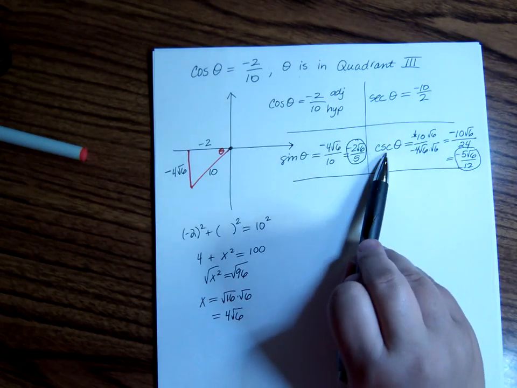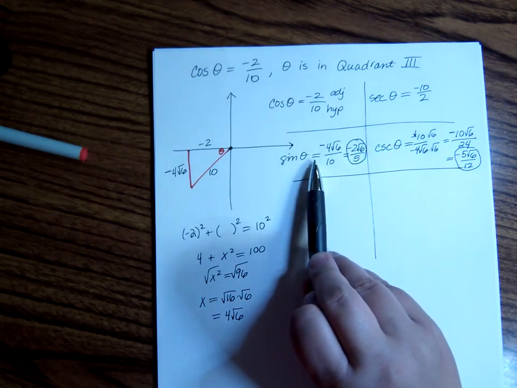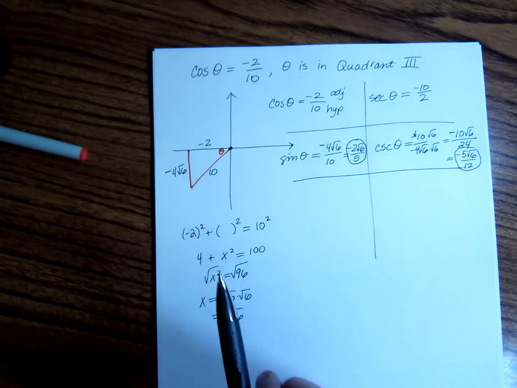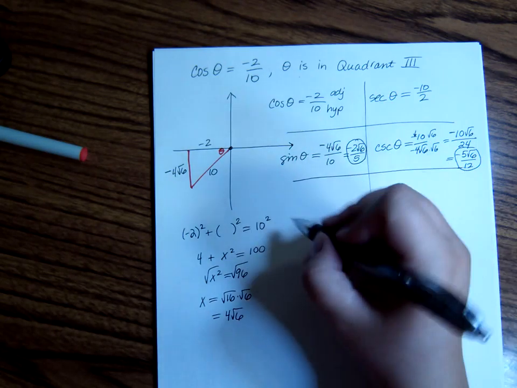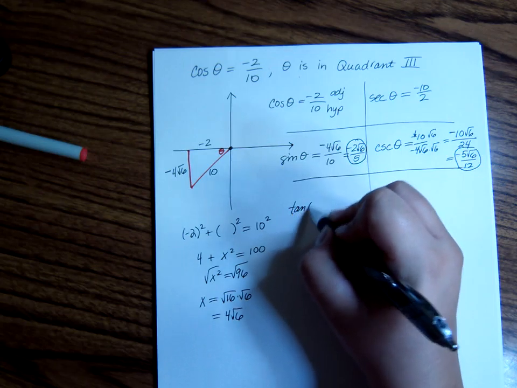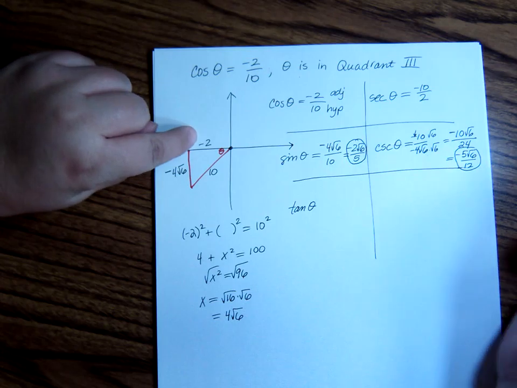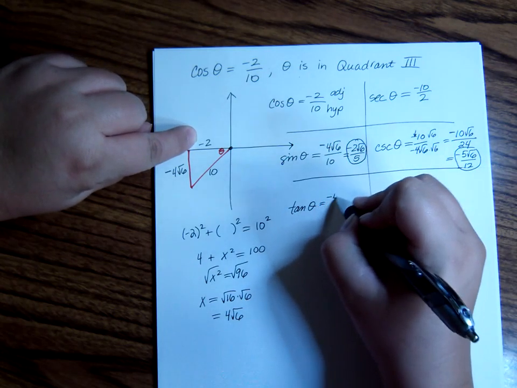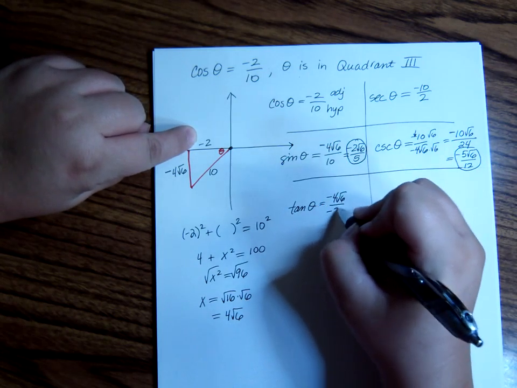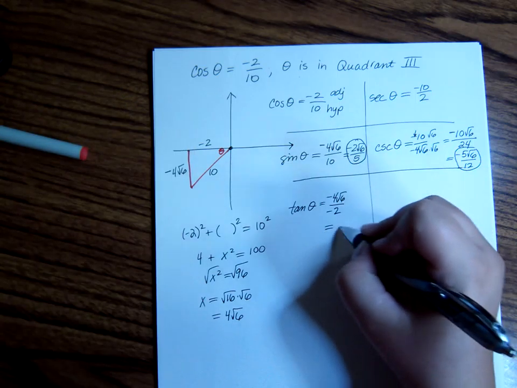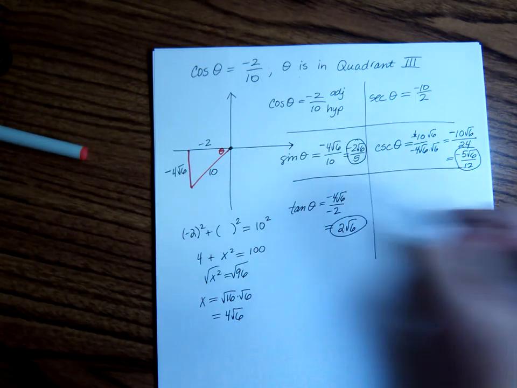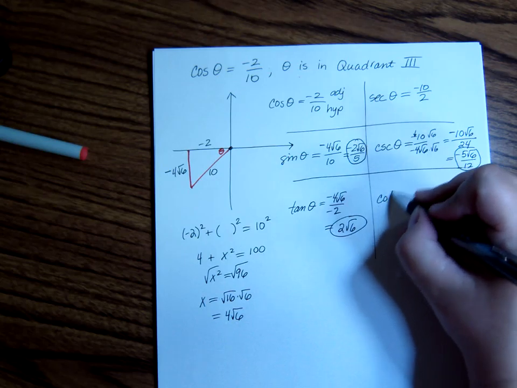Remember that if the cosecant is negative, the sine's negative, and if the sine's negative, the cosecant's negative. Finally, tangent is going to be opposite over adjacent, and that will reduce nicely. And the cotangent is the reciprocal of that.